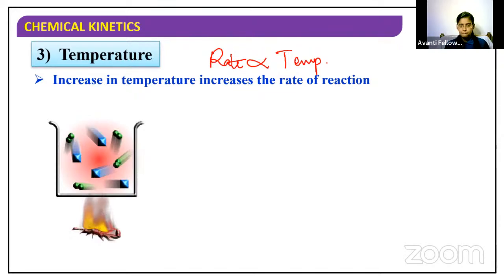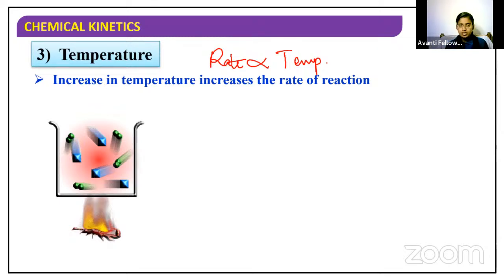You see here, there is a container and some molecules are present inside it. Now, if I increase the temperature, if I burn this, what is happening? The molecules present inside the container are moving here and there very fast.